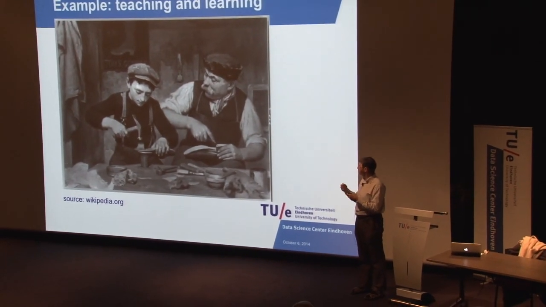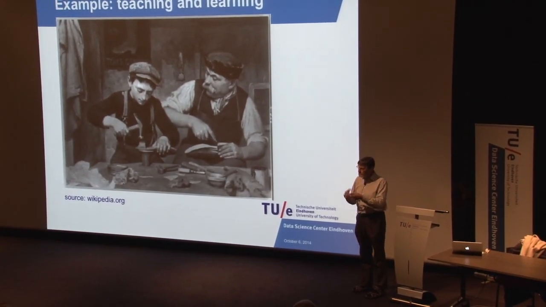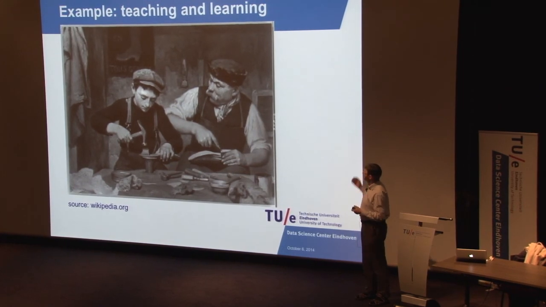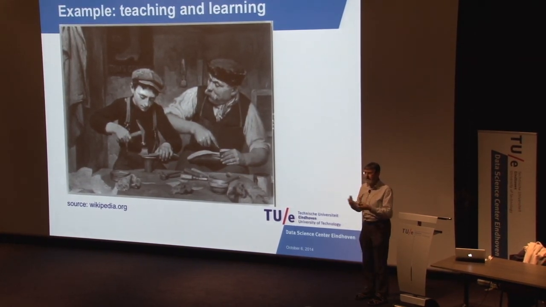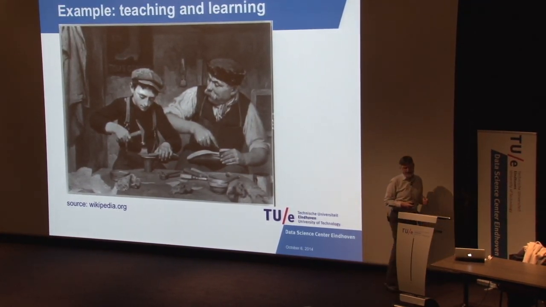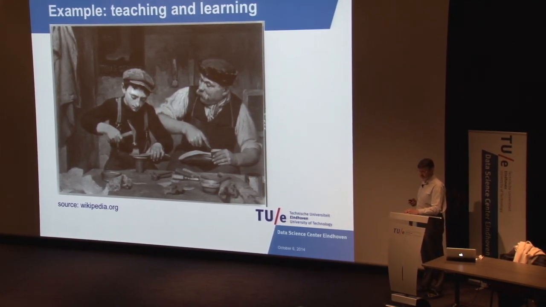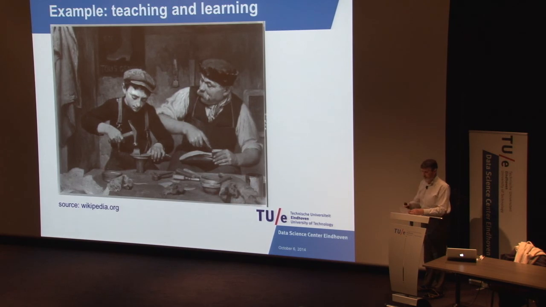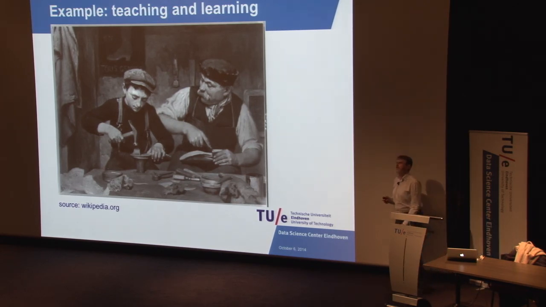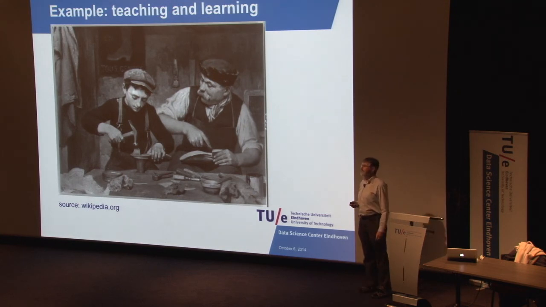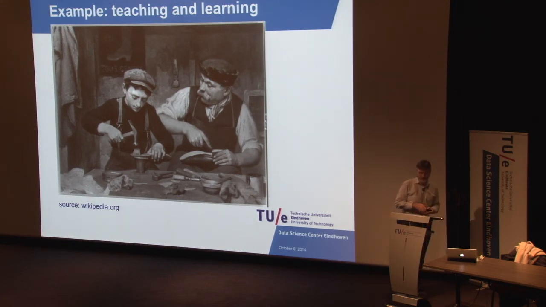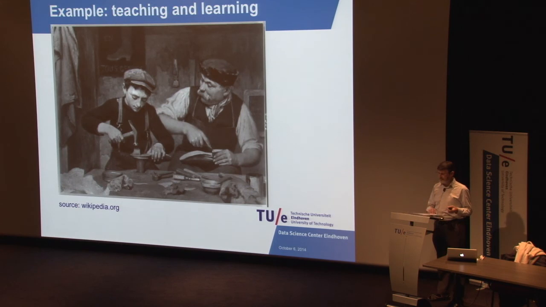The apprentice follows the instructions, but if something goes not according to plan, the master can immediately adapt the teaching to suit the individual student. So this is actually a very nice approach. Unfortunately, if we implement this on a large scale, it becomes prohibitively expensive. We may have enough masters, but we don't have enough money to pay.